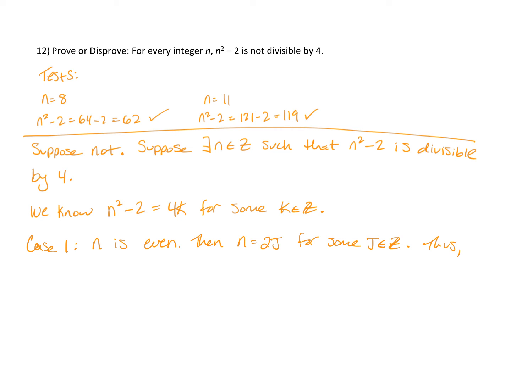Thus, n squared minus 2 is equal to 2j squared minus 2, which is 4j squared minus 2, which we know from our earlier assumption, right, that n squared minus 2 is divisible by 4 has to equal 4k.